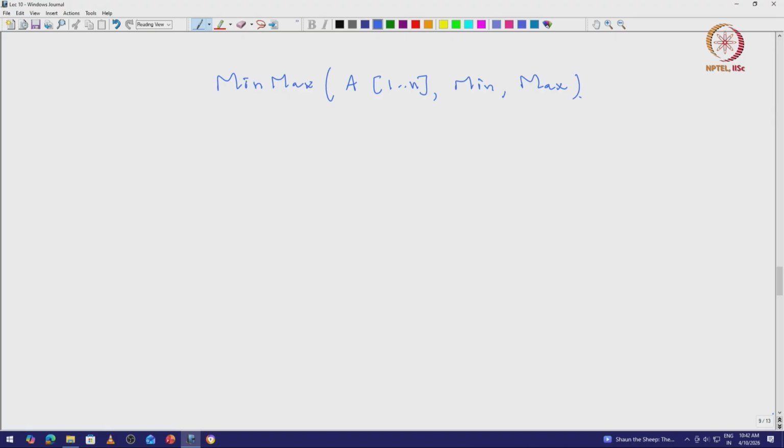Okay. So, if n equal to 1, return A1. If n equal to 2, you are going to compare A1 with A2. There are two elements A1 and A2.